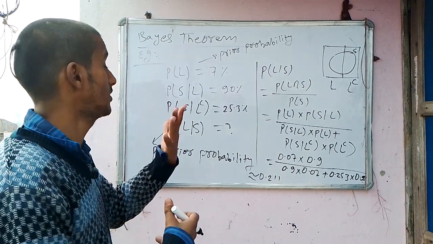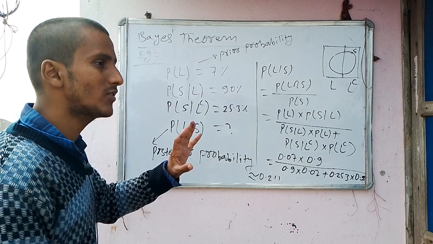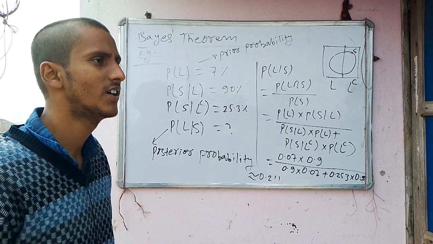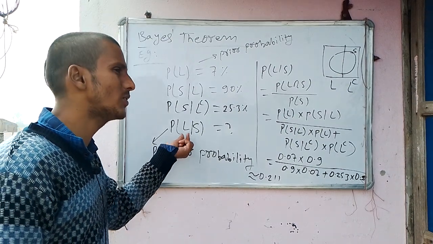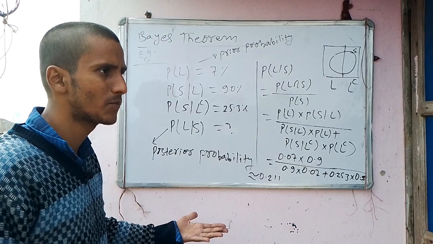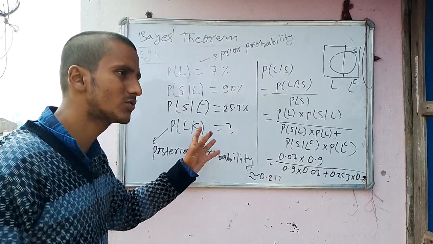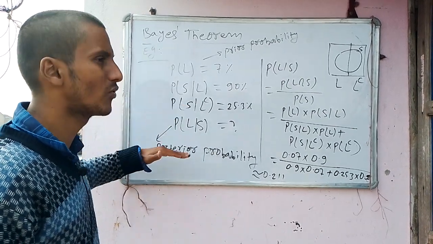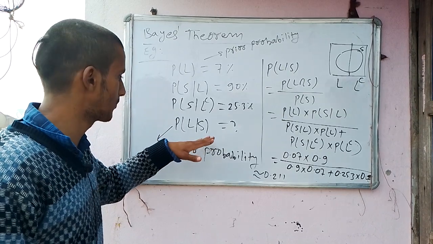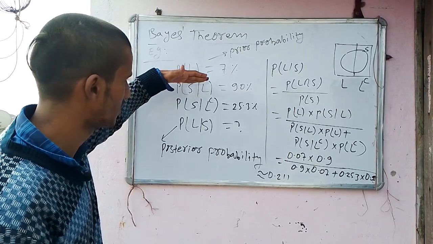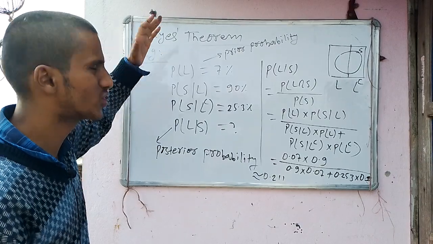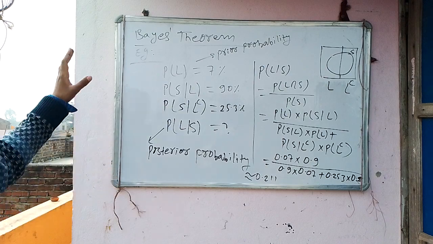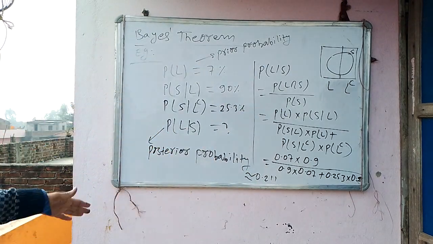You have to figure out this information first: group 1, people who have lung disease, and group 2, people who do not have lung disease. Then you can figure out the answer to the question you want.